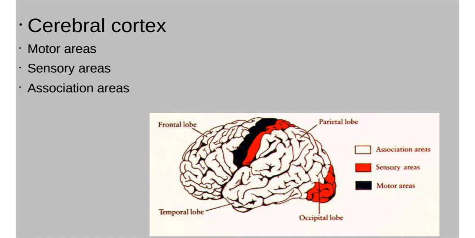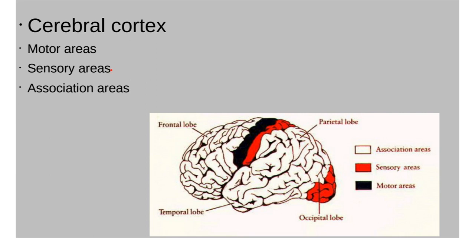Now, motor areas are what cause you to move things that you consciously move. When you decide to move your hands to write notes, you're using your motor area. When you get up to go get a bite to eat, those are your motor areas at work. Anything that you consciously move is your motor area working.